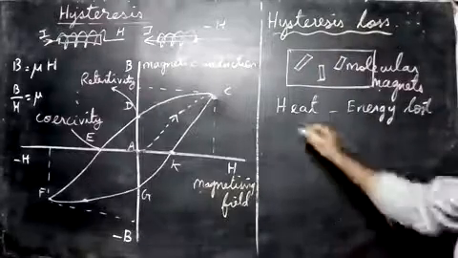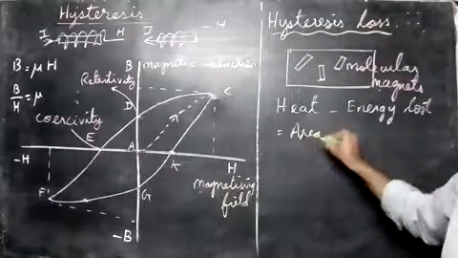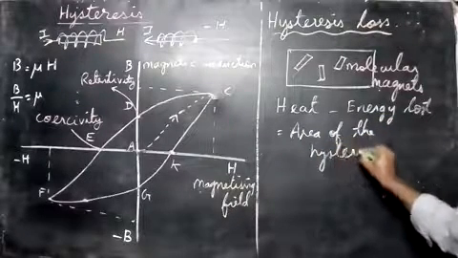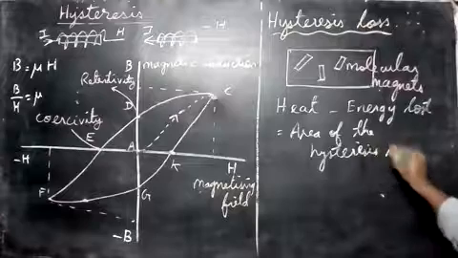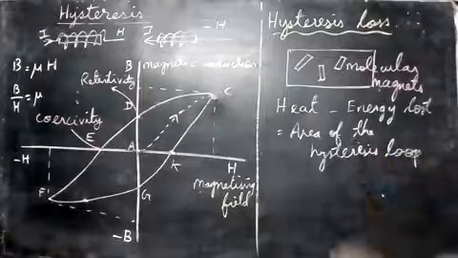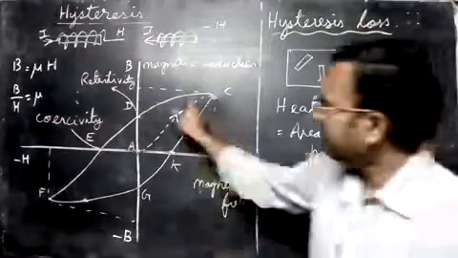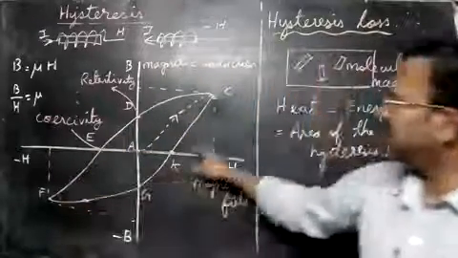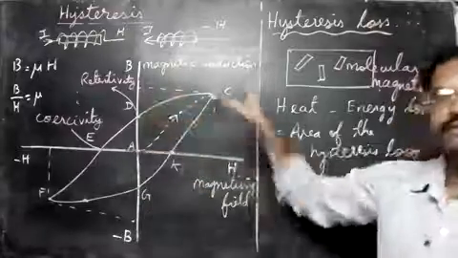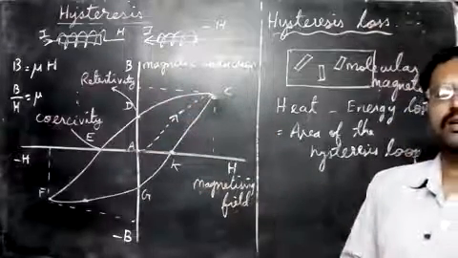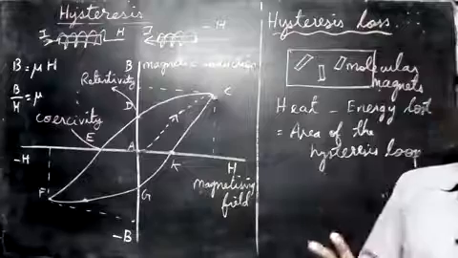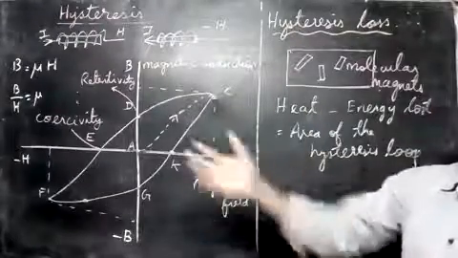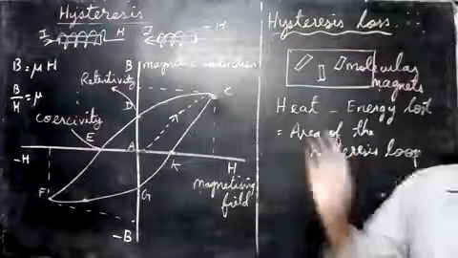This energy loss is equal to the area of the hysteresis loop, this full area, which we can take as A, C, D, E, F, G, K, C. This gives us the heat, or the energy, that is lost. The full energy is not given to the substance; some is lost as heat due to the rotation of the molecular magnets.